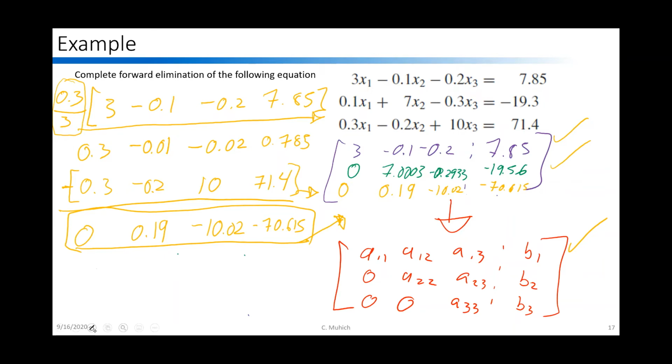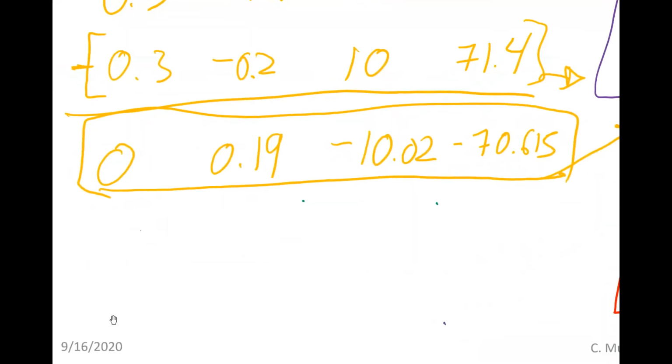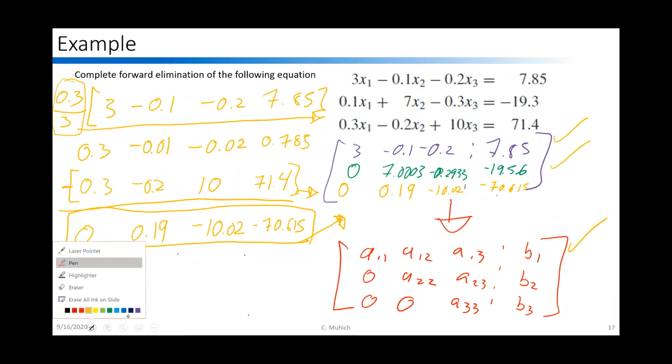I still have an issue, because I don't have a 0 in that second column. So I need to do something to the system in order to get rid of that 0.19.